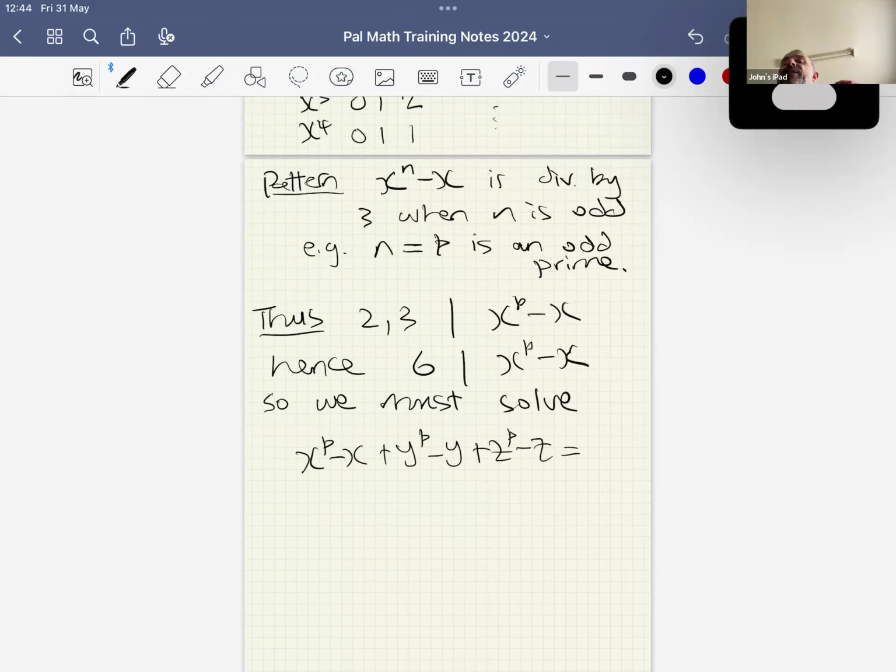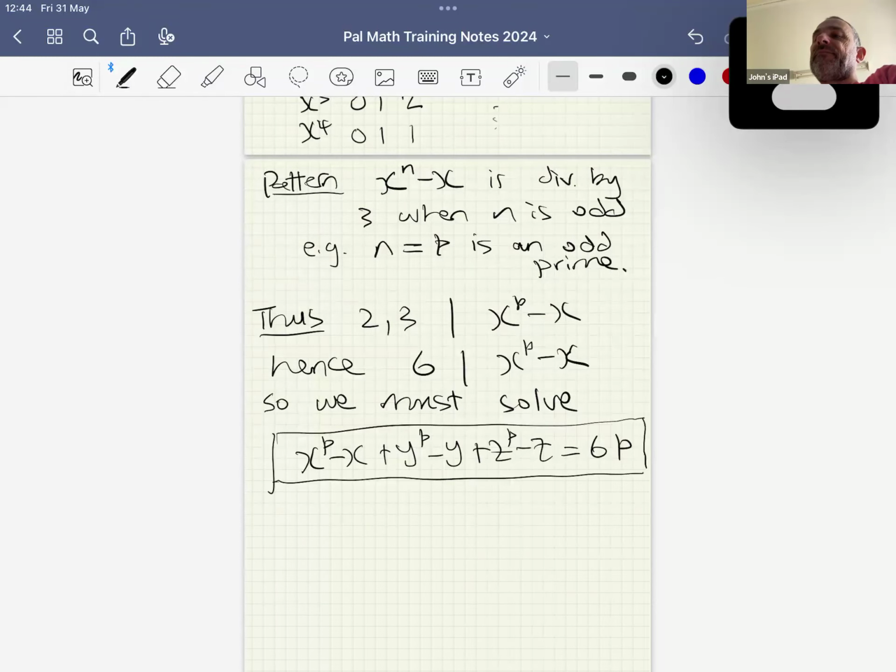The primes 2 and 3 have to divide, and also p divides, so it's 6p. Okay, and there's probably plenty of ways of proving this, but the easiest one I think is the following. Note, let's see, in the official solutions, I'll just go back to them.